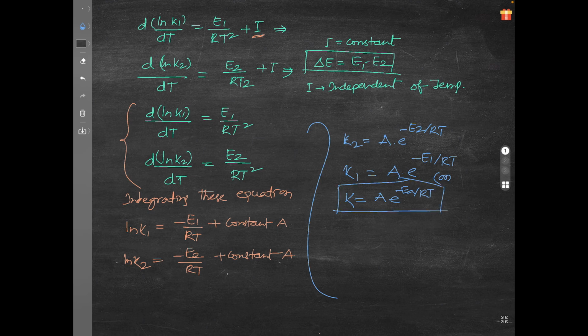This is known as the Arrhenius equation. You generally don't get this derivation, that's why I am giving it here, where A is the pre-exponential factor, or you say frequency factor.